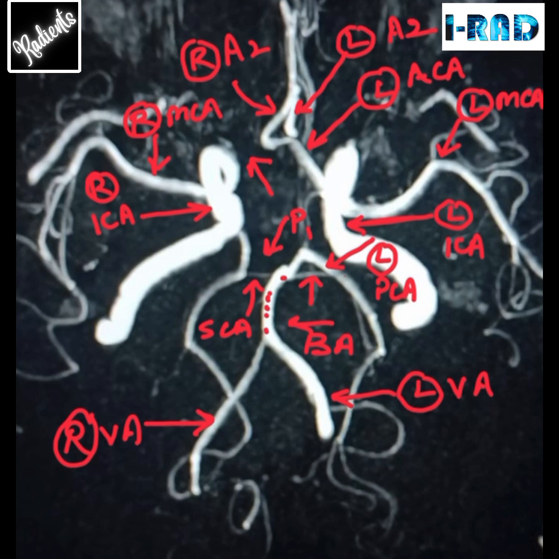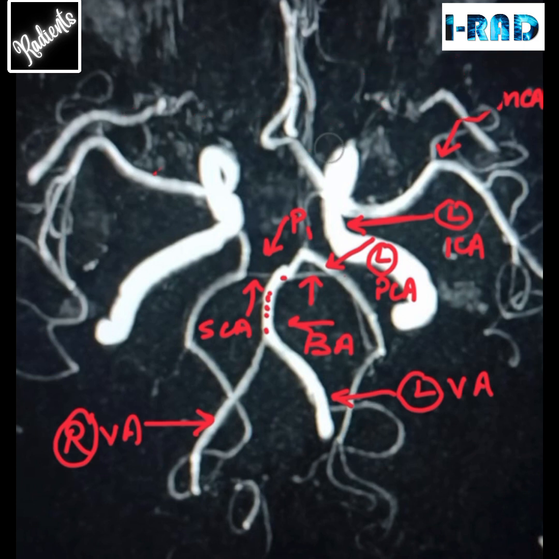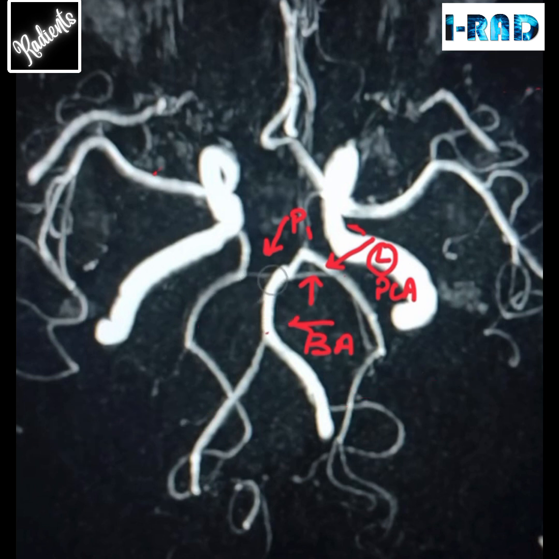Another thing we need to know is that since the PCA on the right side is absent, at least in its proximal part, it has to get some supply from somewhere so that it can supply the normal posterior circulation on the right cerebral hemisphere. And for that, it gets a little more supply from the internal carotid artery. Why am I saying that? Just look at the normal PCOM, or posterior communicating artery, here. It's so thin and small.